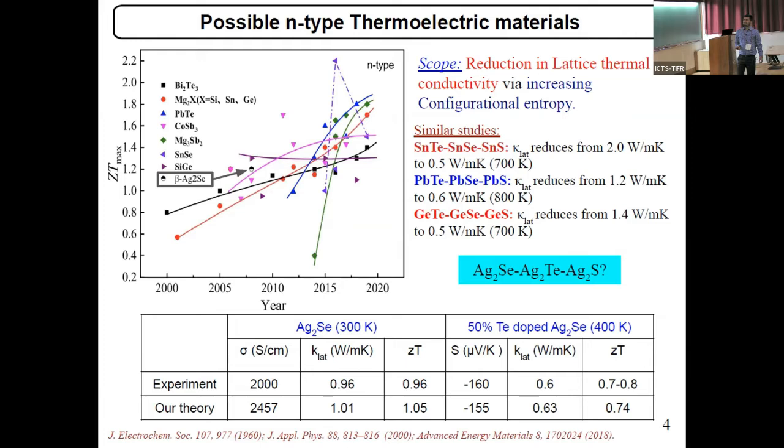For lattice thermal conductivity we are getting 1.01 watt per meter Kelvin, and the experimental value is 0.96 watt per meter Kelvin. We have also compared our theoretical result for experimentally synthesized 50% tellurium doped Ag2Se at 400 Kelvin, and here also we get 0.74 from our theory, and experimentally it is around 0.7 to 0.8.